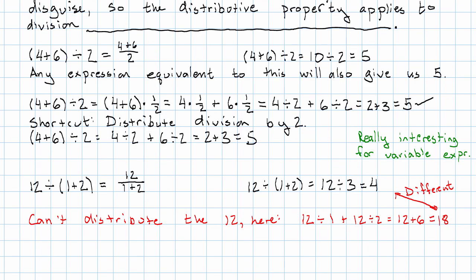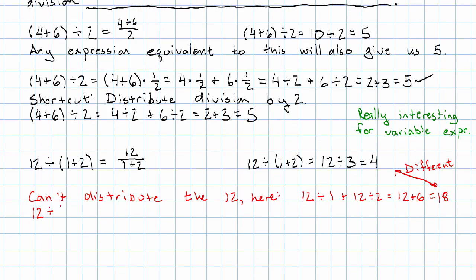And that makes sense. 12 divided by 1 plus 2 is 12 times 1 over 1 plus 2, which does not equal 12 times 1 plus a half. 1 over 1 plus 2 doesn't equal 1 over 1 plus 1 over 2.